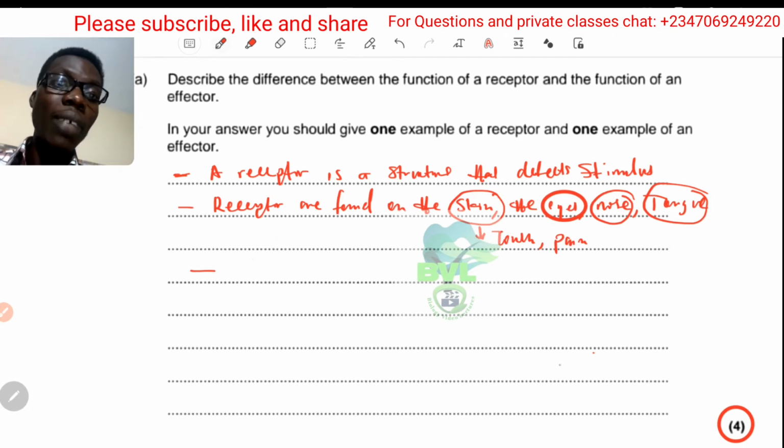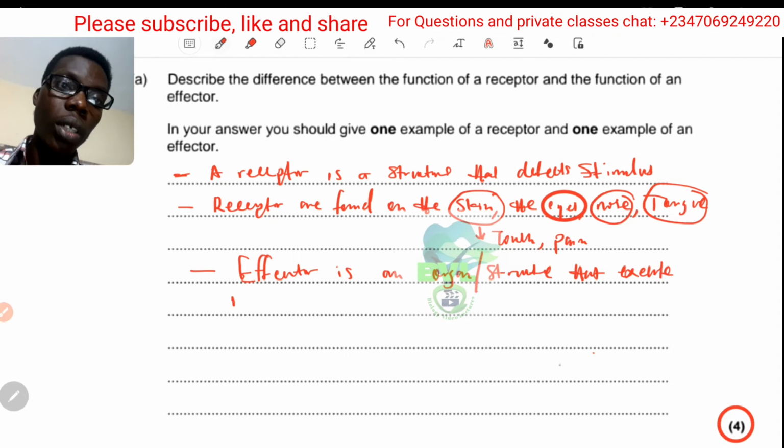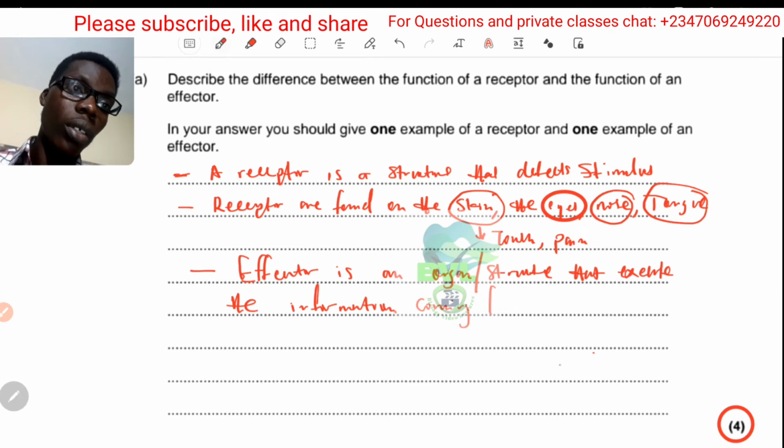Now, let's define an effector. So, an effector is an organ or structure that executes the information coming from the coordinator, bracket, CNS.